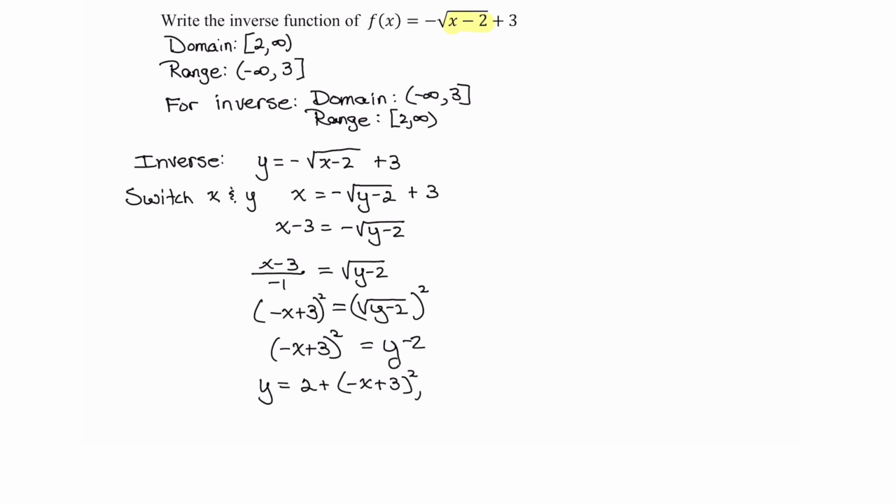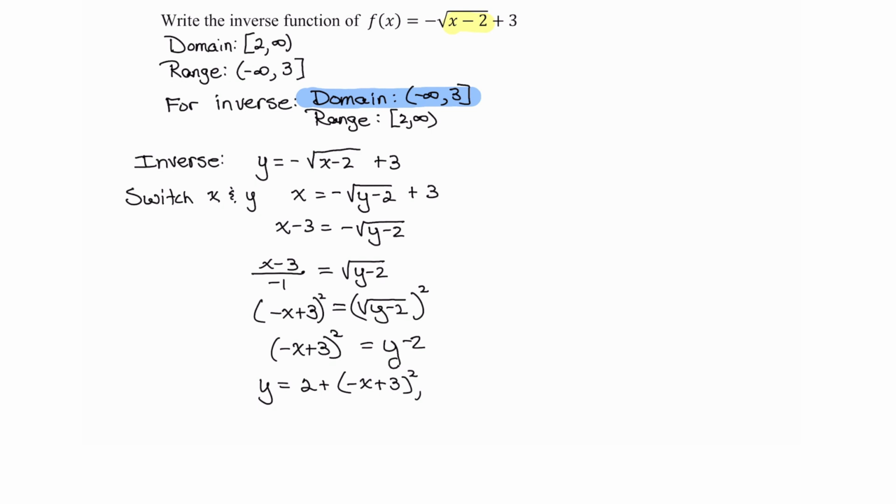So we need to make sure that we also include that for the inverse, our domain is negative infinity to 3. Because look at what we have for this equation. This equation is true for all real values, but our inverse can only be valid over the domain from negative infinity to 3 for it to be the inverse function of the original function that we started with.